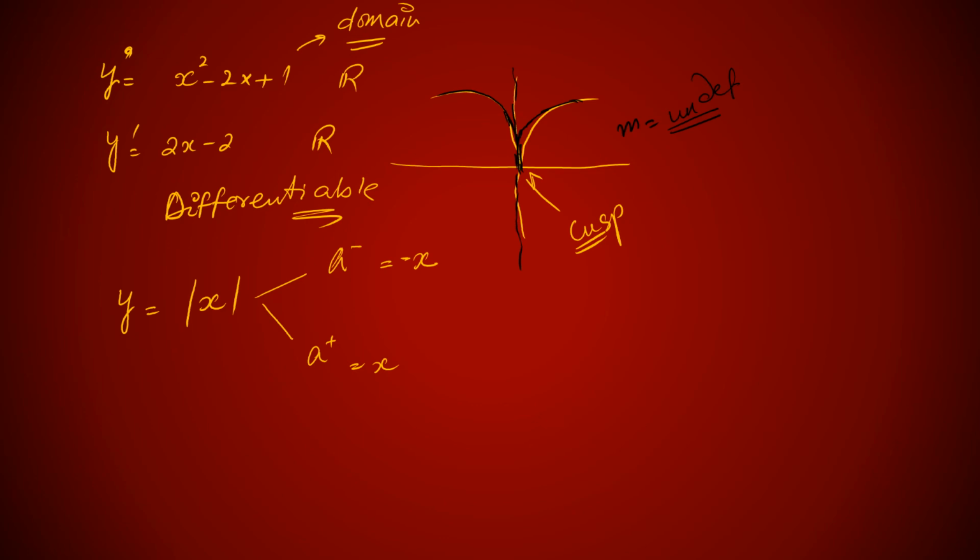So the derivative of the function from the left hand side is negative 1, and the derivative from the right hand side is positive 1. Since they are not equal to each other, we can say that the function is not differentiable.